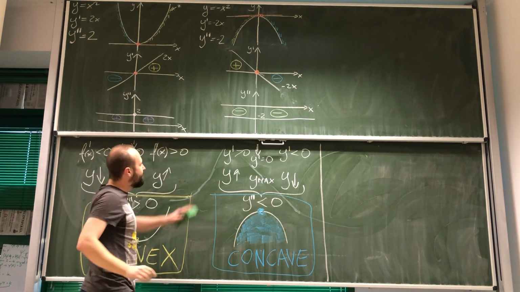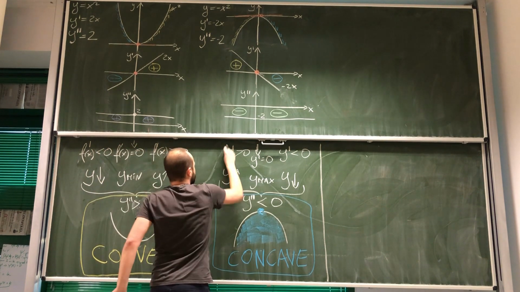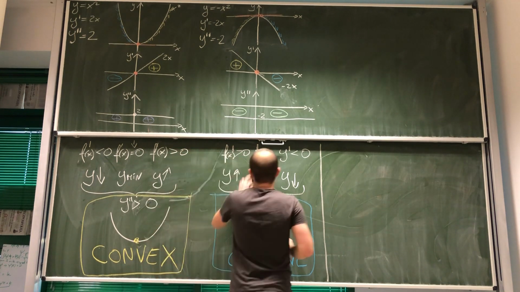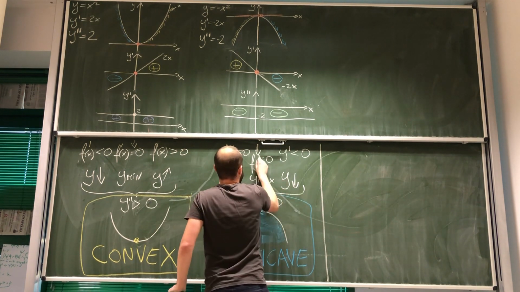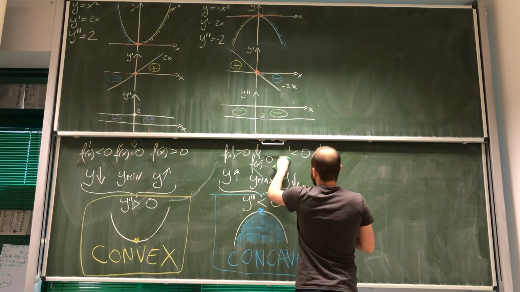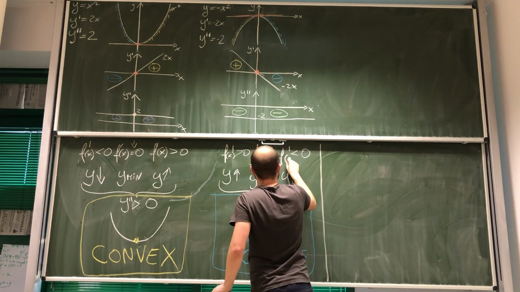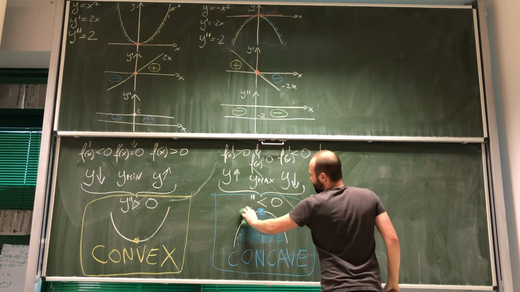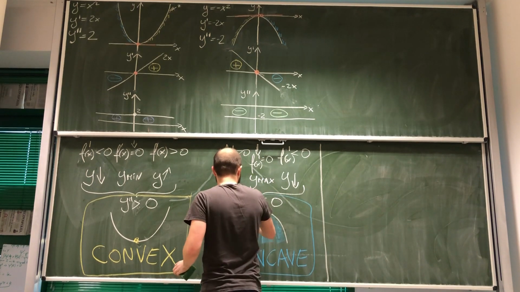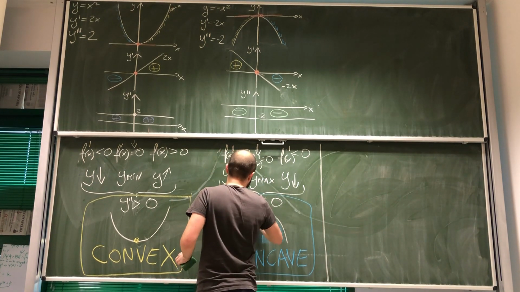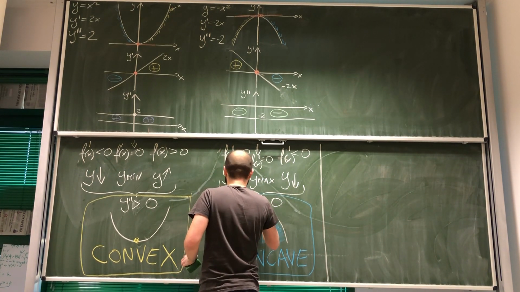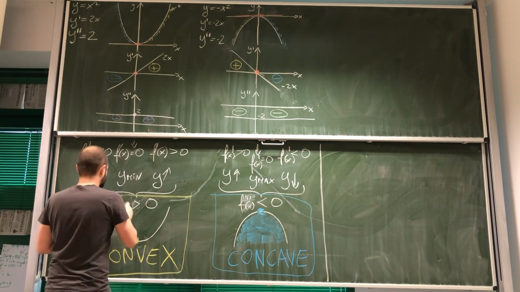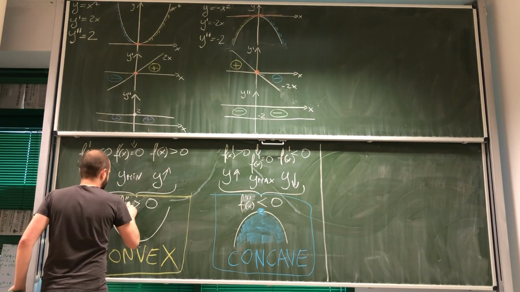But look, the meaning everywhere stays the same. Because here we simply have first derivative. And here, instead of y double prime, I'm going to write f double prime of x.